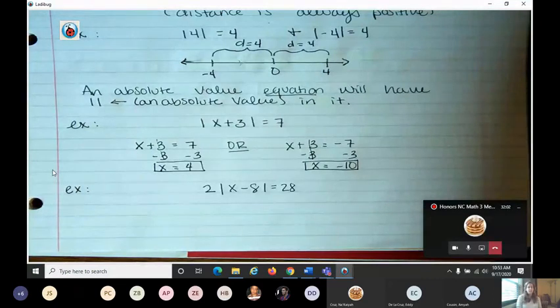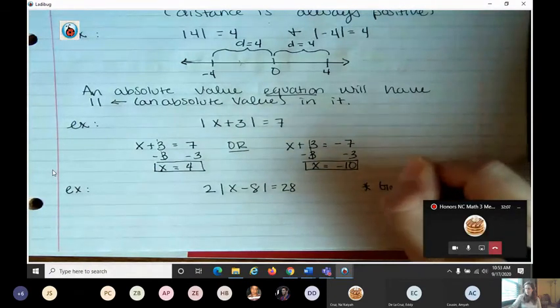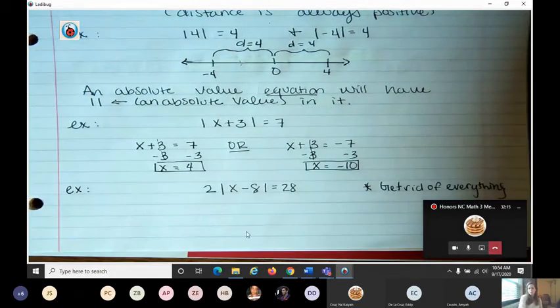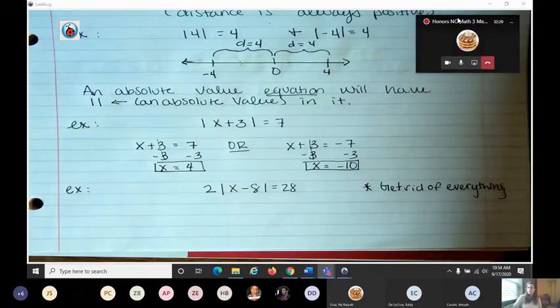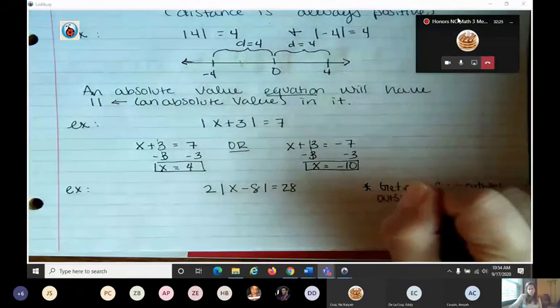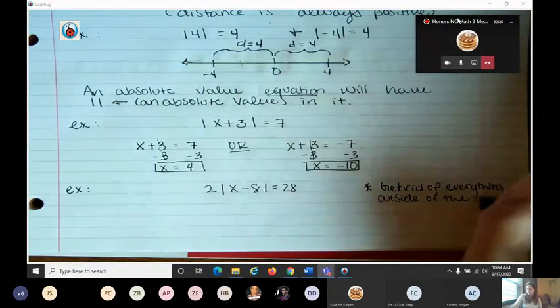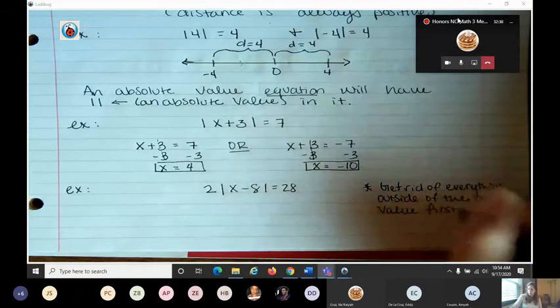Now, in order to do this, the very first thing I have to do is get rid of everything outside of the absolute value first, okay?